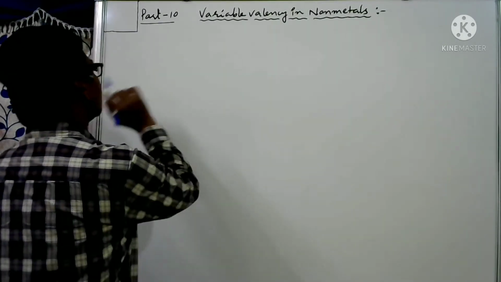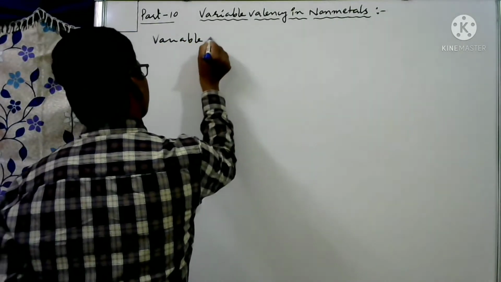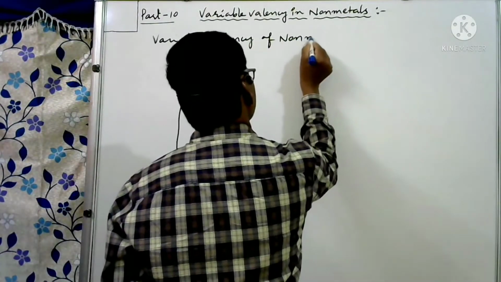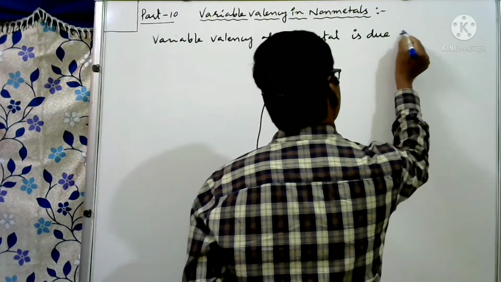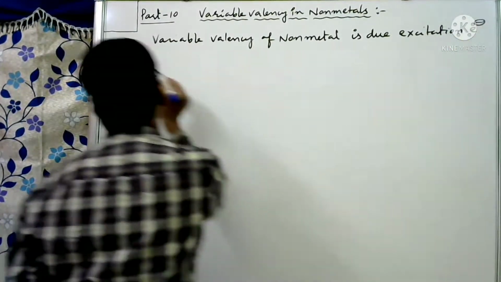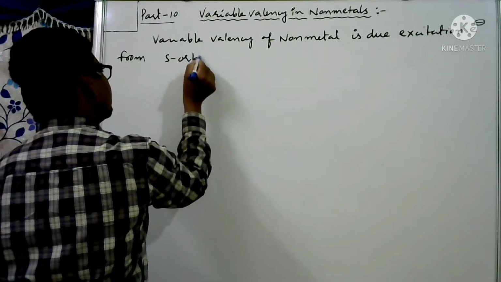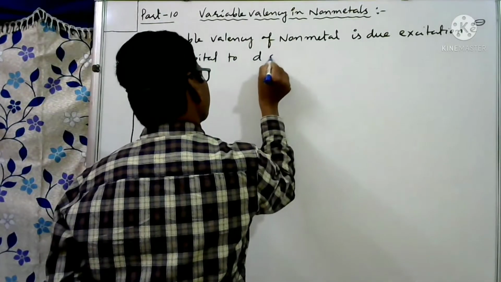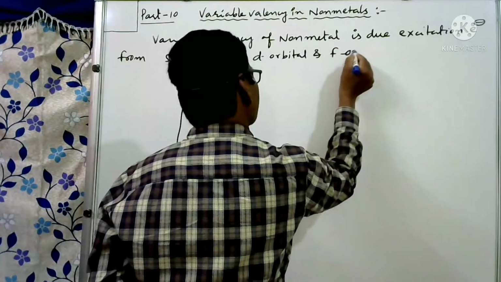For example, first I am writing a statement related to the variable valency of non-metals. Variable valency of non-metal is due to excitation of electrons from s orbital to d orbital, or f orbital if possible.